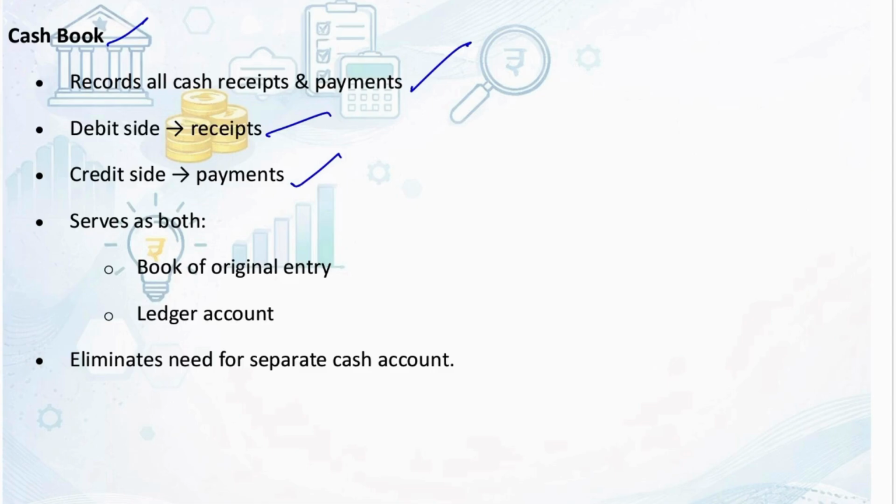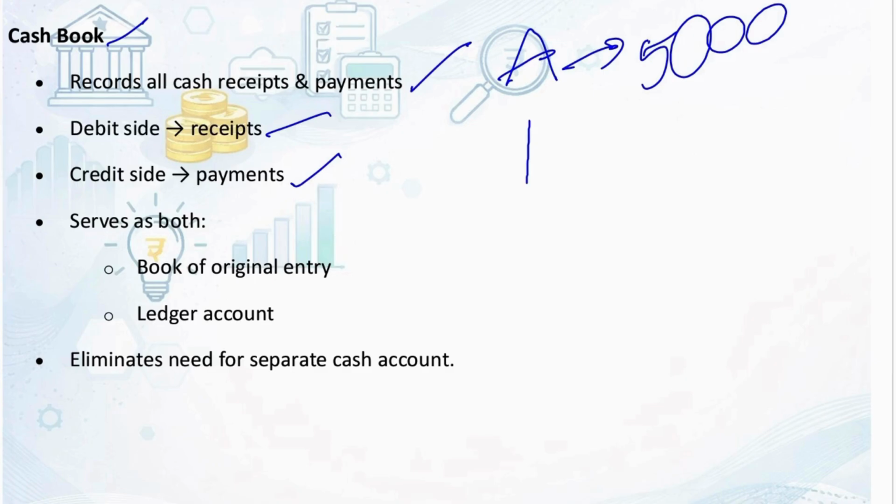Suppose a customer named A comes to the bank to deposit 5,000 rupees. We will take cash from A and directly credit it to A's account.